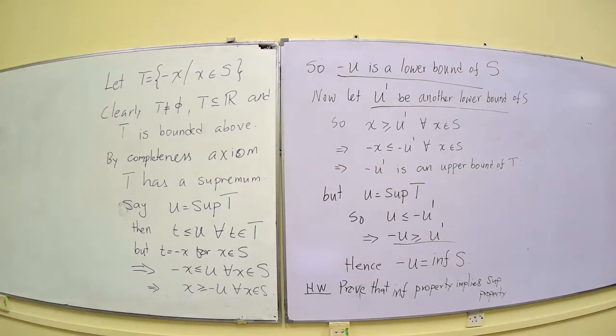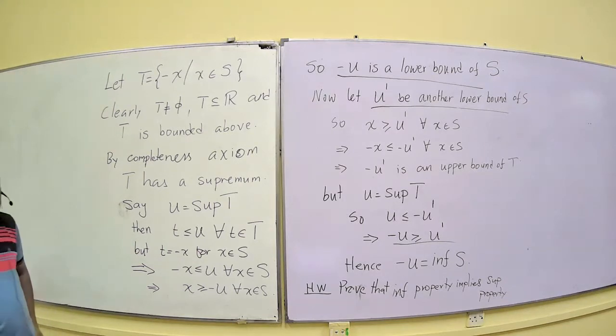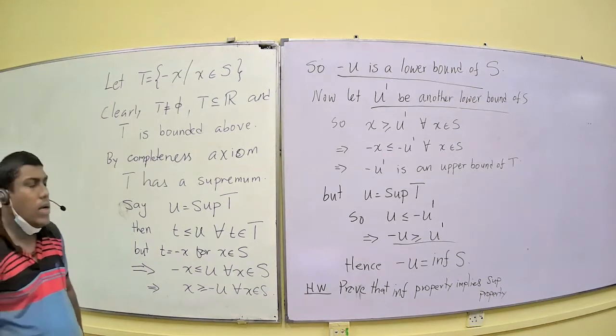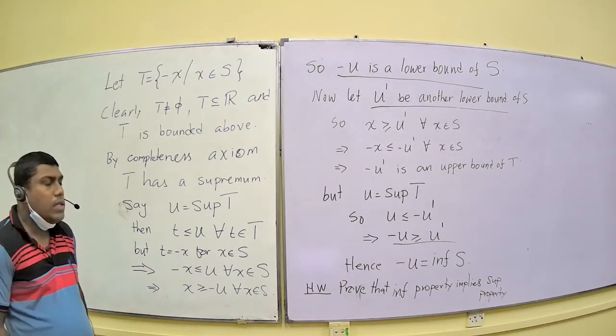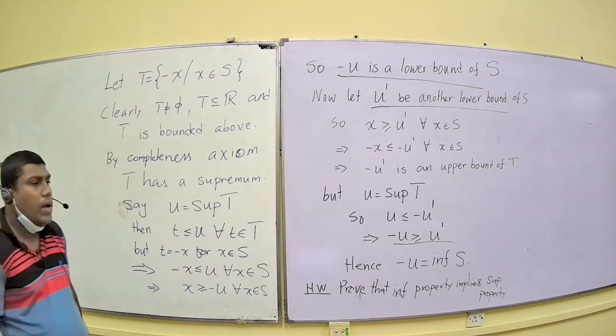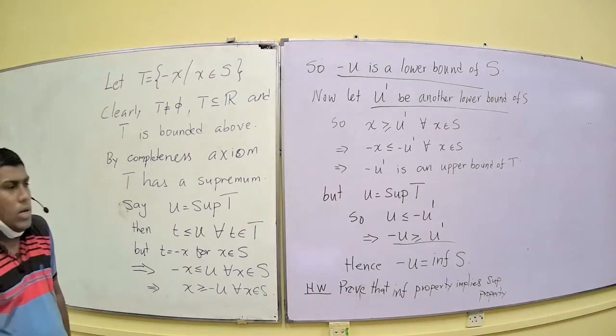Right. So now we will go to one of the examples where we use the supremum. You remember when we were talking about boundedness at the beginning of this section, I mentioned as an example that the set of natural numbers is not bounded above, right?